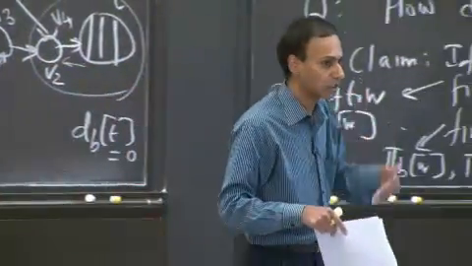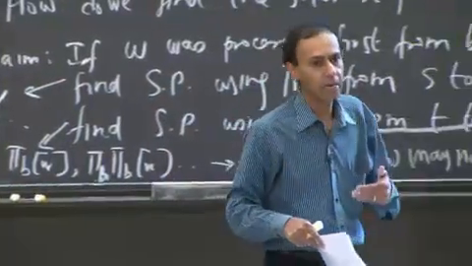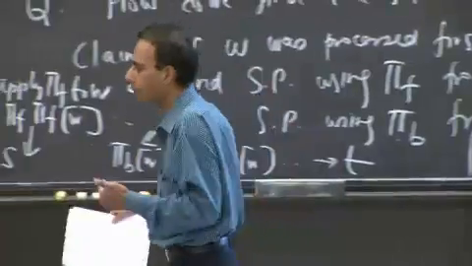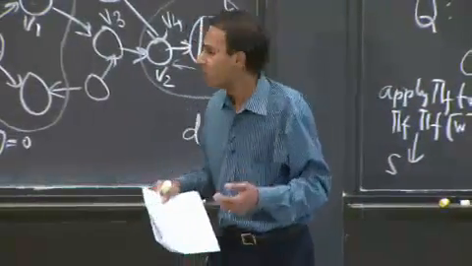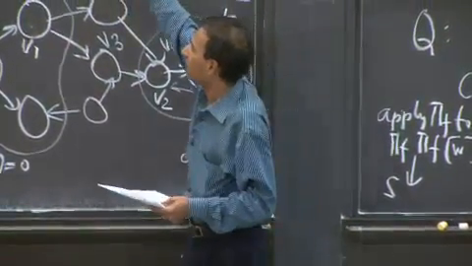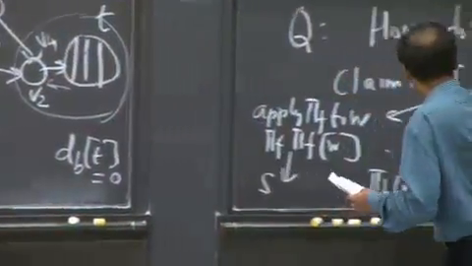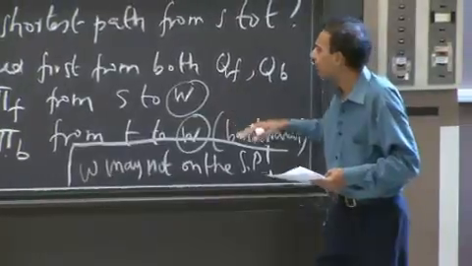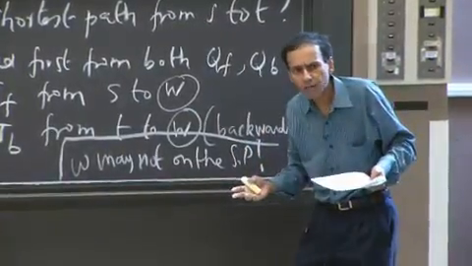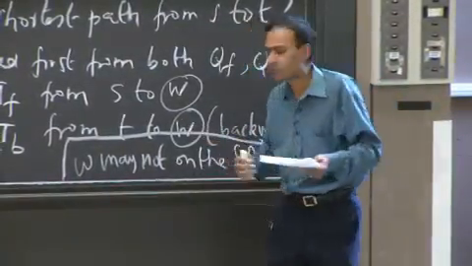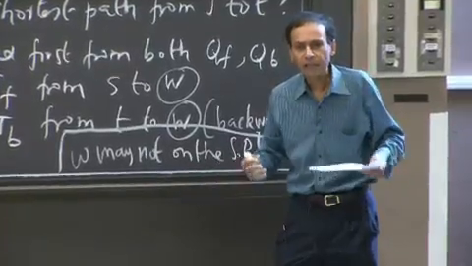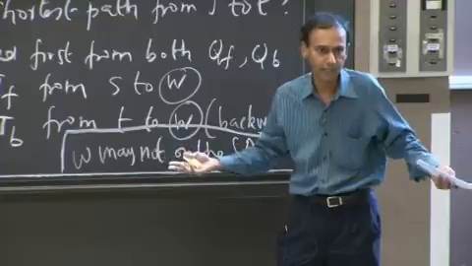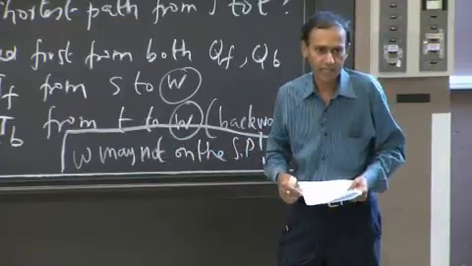But this example is set up so the shortest length path is not the shortest weight path, okay? So we can't take the W and use pi f to construct part of the path and use pi b to construct the other part of the path and find the shortest weight path. We would get something incorrect. We would get a path of length 10 in this case if we did that.